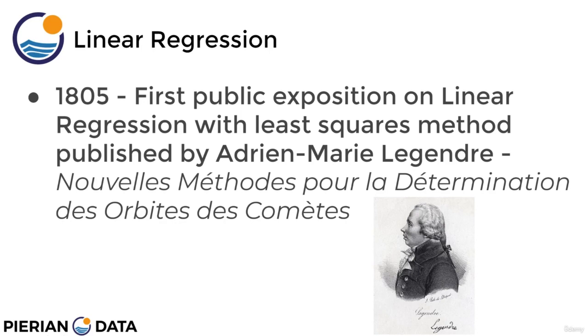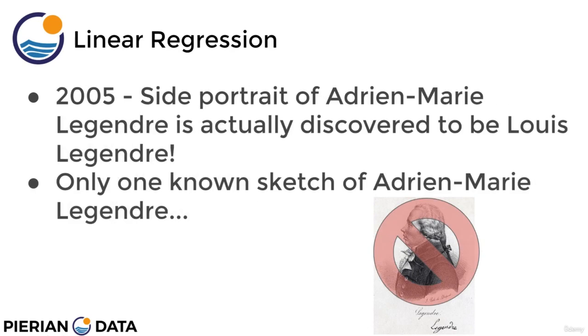First off, the portrait shown here of Legendre was the most common historical textbook picture of Legendre for many, many textbooks. However, in 2005, it was discovered that this side portrait is actually of a politician of the time named Louis Legendre.